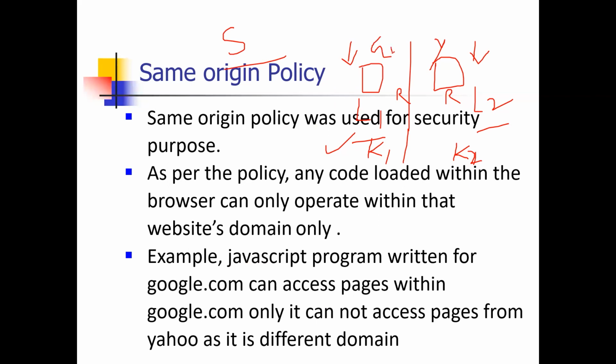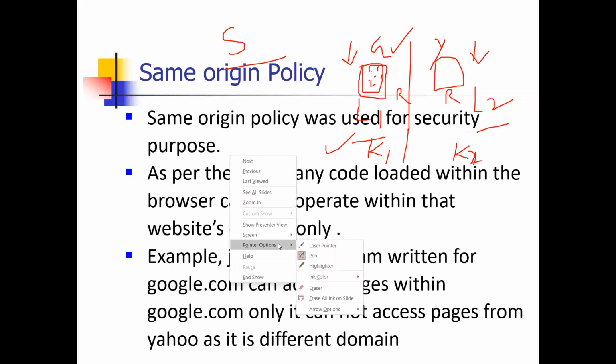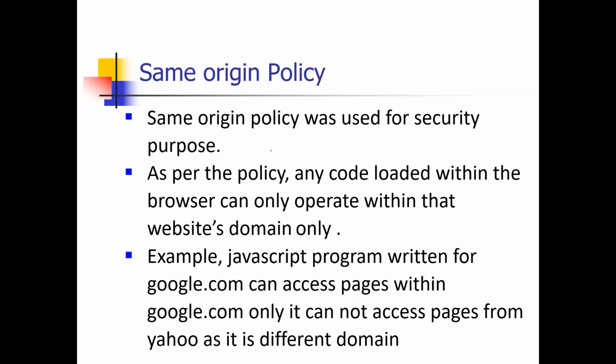If you're working on Google, then you can access all the pages of Google. Means this is a house, and if you open this house, then you can access all the rooms. But you cannot access Yahoo. So this was for the security purpose, but later on it becomes a drawback.